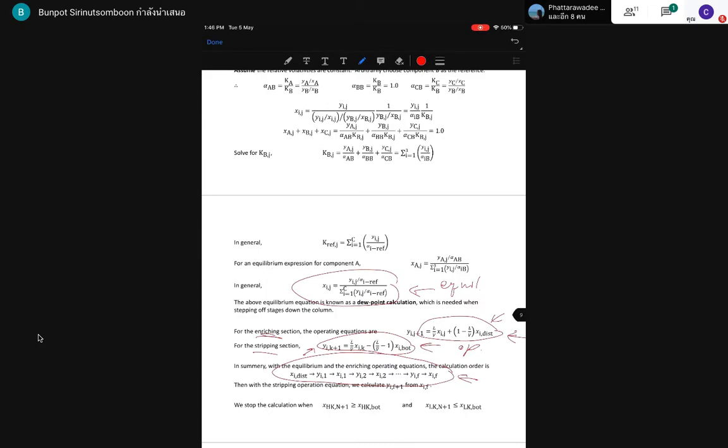You continue until you reach this requirement: when your calculated composition of heavy key at stage n+1 is greater than the specified heavy key composition in the bottom, and also when the composition of light key at n+1 is less than the light key composition in the bottom specified by the problem.